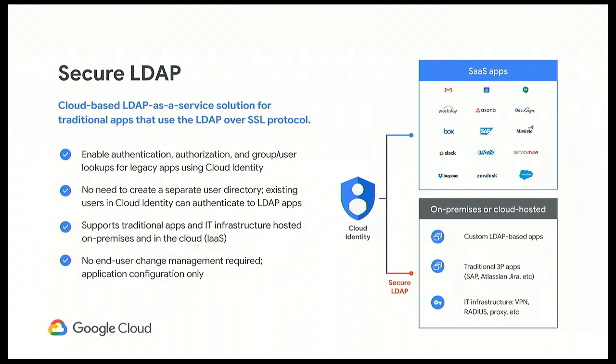All right? What it does is it takes your Google directory, your users, groups, everything, and makes it available as a giant LDAP directory for your on-premise applications, legacy applications that talk the LDAP protocol. And if your applications are talking to an LDAP directory for authentication, authorization, user lookups, group lookups, no matter how you use these LDAP applications, this can be that LDAP directory in the cloud, right?